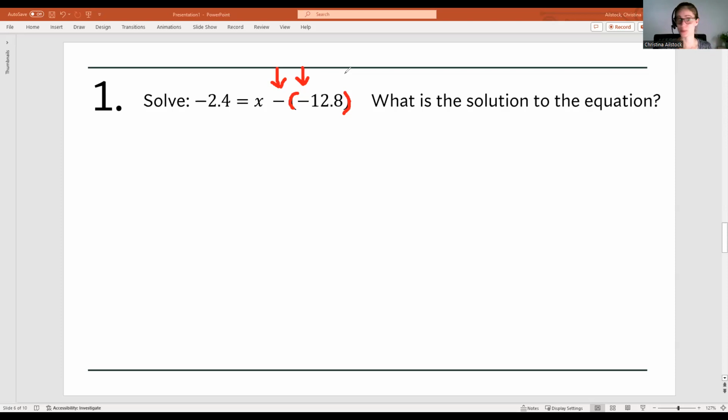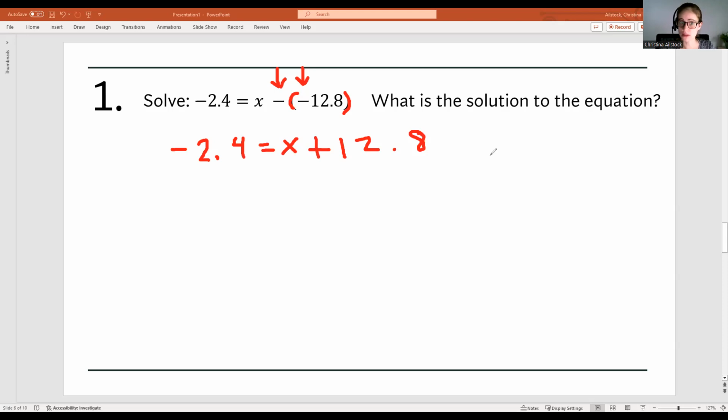Or if you think about it like you're playing an Uno game and somebody plays a reverse card, but then the next person plays a reverse again, that double reverse cancels each other out. So we can rewrite this problem as -2 4/10 is equal to x plus 12 8/10.